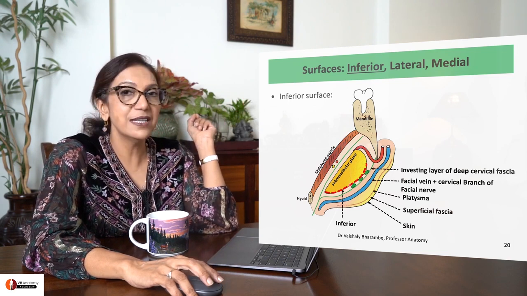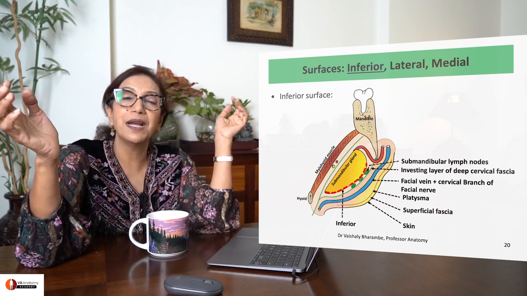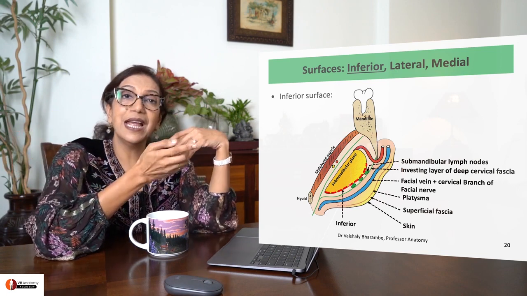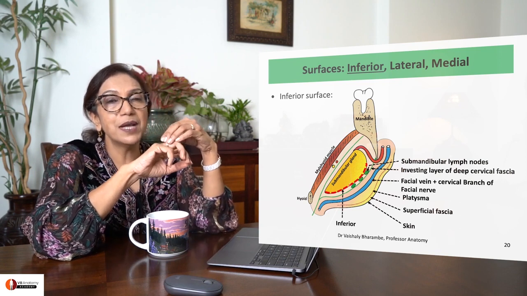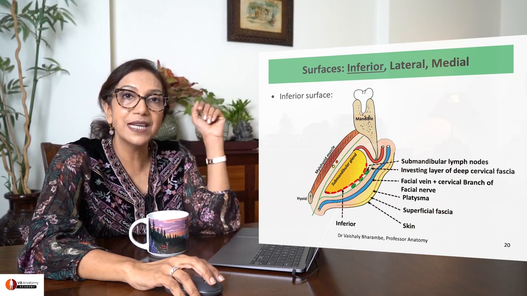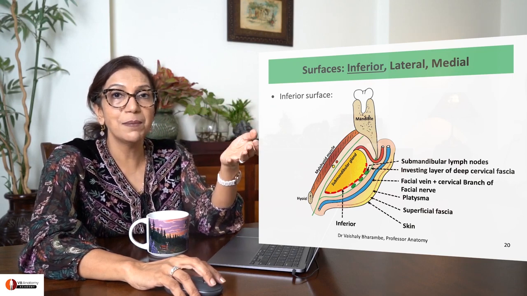What you also see is the investing layer of deep cervical fascia and a whole lot of submandibular lymph nodes, 3, 4. But you see that the lymph nodes are lying deep to the investing layer of deep cervical fascia. In fact, sometimes the lymph nodes might be lying inside the gland itself. This is of clinical relevance when you're trying to remove the lymph nodes because of some malignancy.